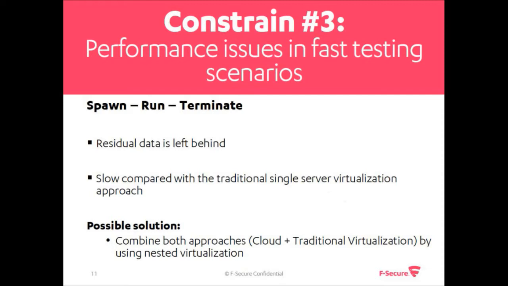From the traditional virtualization point of view, we already had nice things to do this, so we tried to combine both approaches. We have something called SEE, which stands for sandboxed execution environment, which is basically libvirt KVM on steroids.